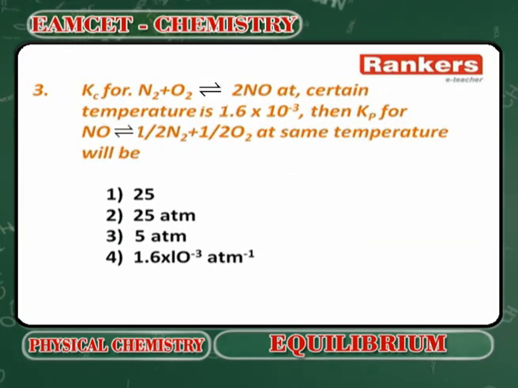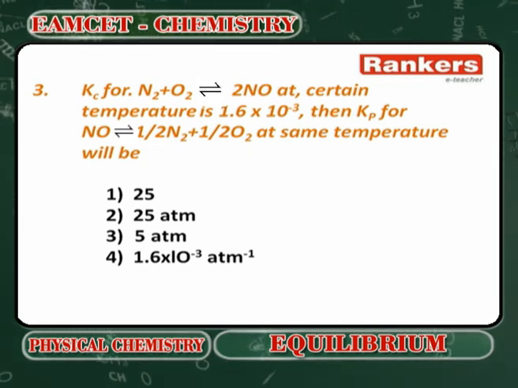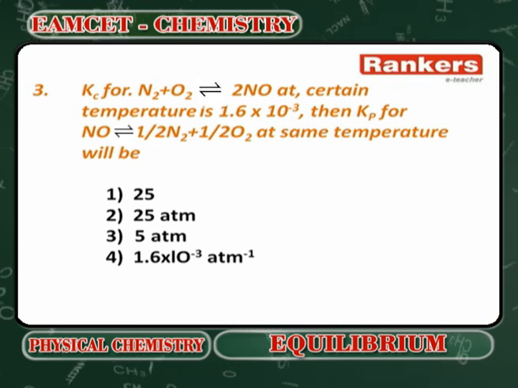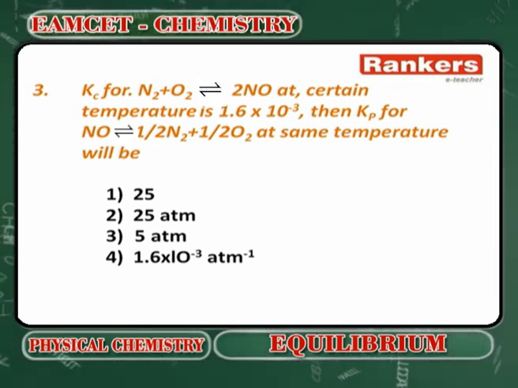Next question. Kc for N2 plus O2 giving 2NO at a certain temperature is given as 1.6 into 10 to the power minus 3. Then what is Kp for NO giving 1/2 N2 plus 1/2 O2 at the same temperature? Now, what is the point?